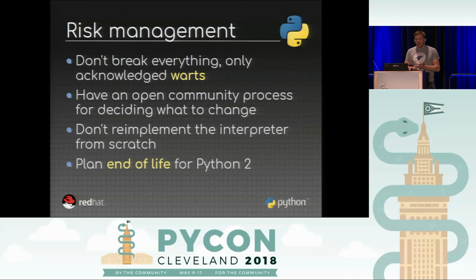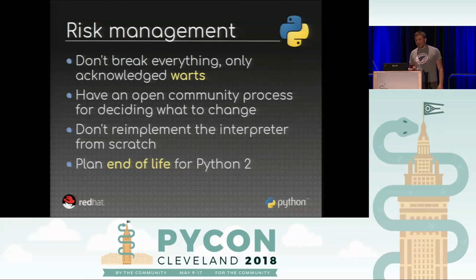To limit the risk, we decided not to break everything, only to address the warts. And we also decided to have an open community process for deciding what to change. In practice, it means writing PEPs with a number starting with 3000s.